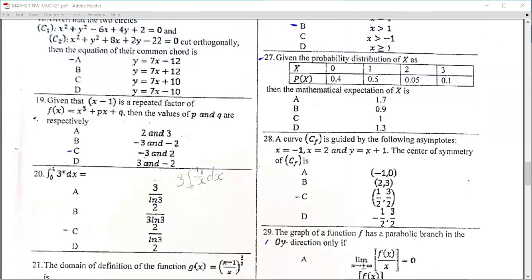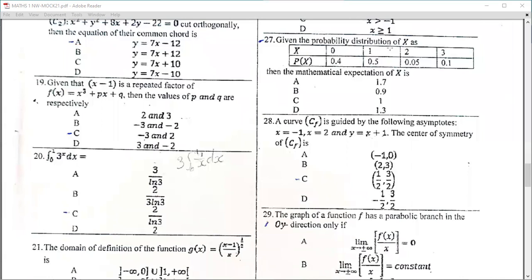Question number 19. Given that x minus 1 is a repeated factor of f of x equals x cubed plus px plus q, then the values of p and q are respectively... so it's a repeated factor, right? Good. So with this particular question, if they are repeated factors, let's see what happens.